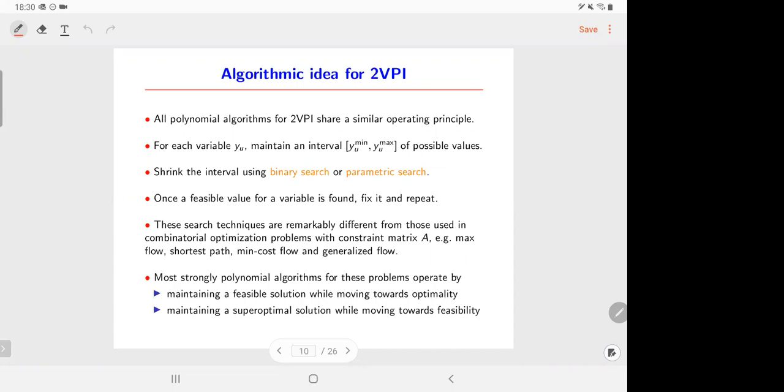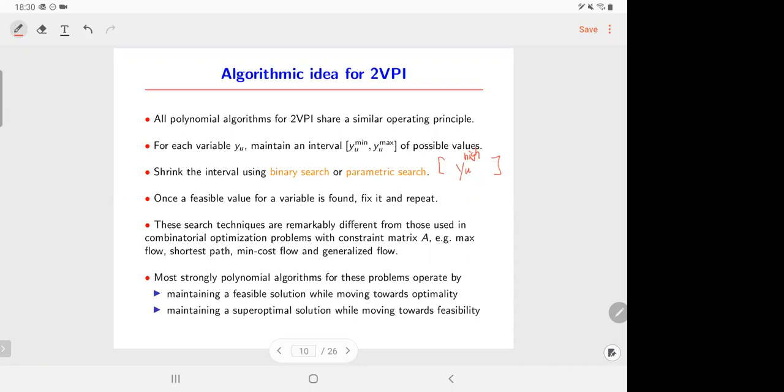In Aspvall and Shiloach, they maintain an interval of possible values for YU high, and then they slowly shrink the interval. But at its core, the idea is the same. And once you find a feasible value for a variable, you just fix it and repeat. Now, when you fix a variable to a value, you've obtained another 2VPI system with one less variable. So you can then solve your problem.